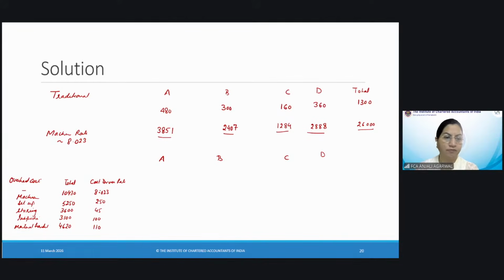So you will allocate 10,430 amongst A, B, C, D in the ratio of 8.023. In this, we have allocated the entire 26,000, but now you will allocate only the 10,423.